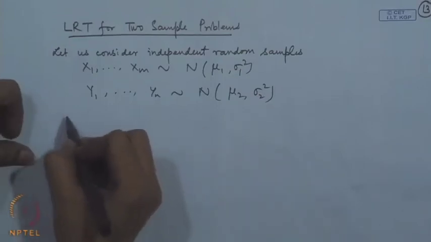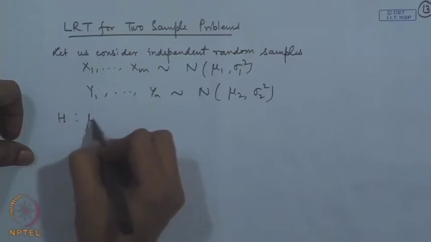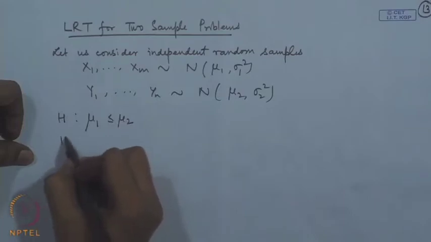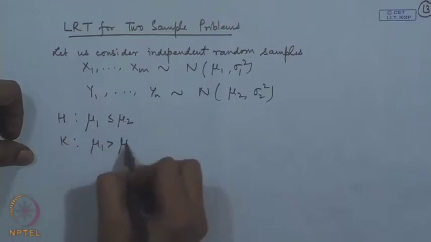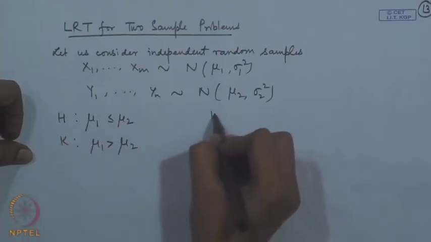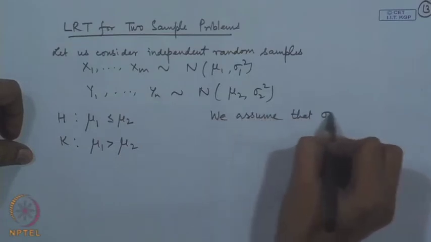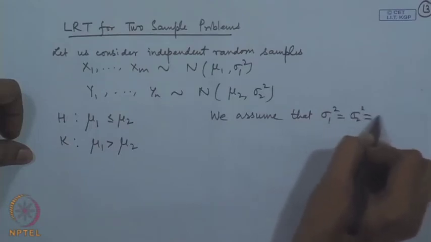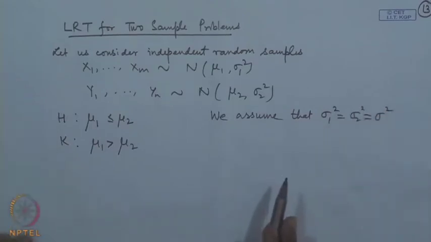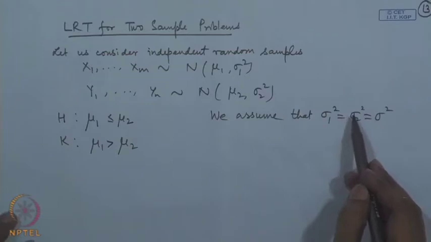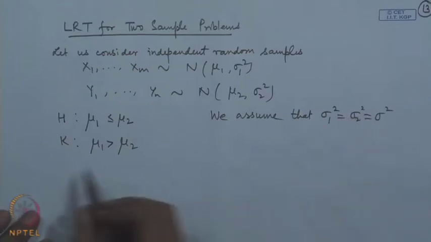Let us consider the hypothesis for testing mu1 less than or equal to mu2 against mu1 greater than mu2. We assume here that sigma1 square is equal to sigma2 square. In this case, we have derived the UMP unbiased tests. When sigma1 square is not equal to sigma2 square, it is known as a Behrens-Fisher situation.